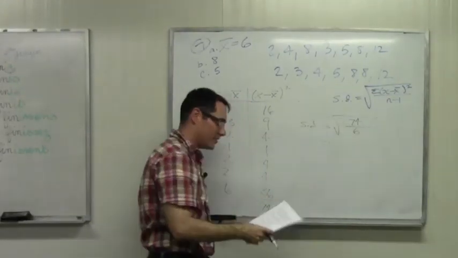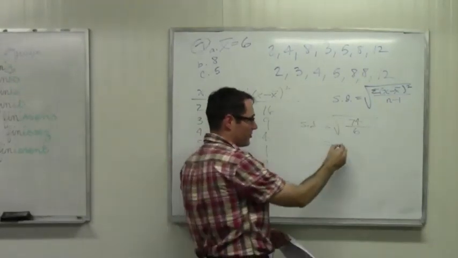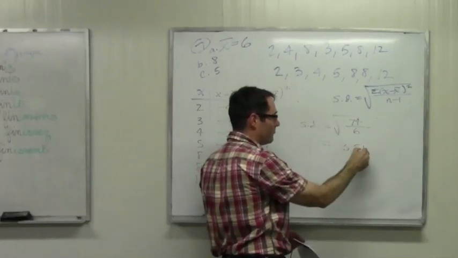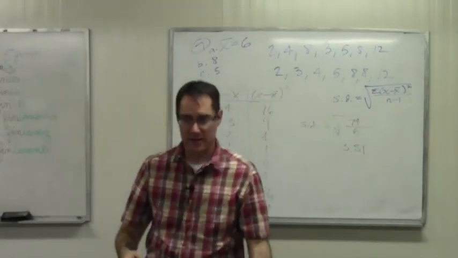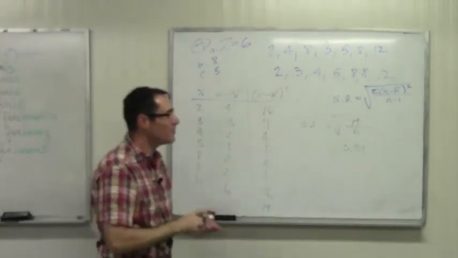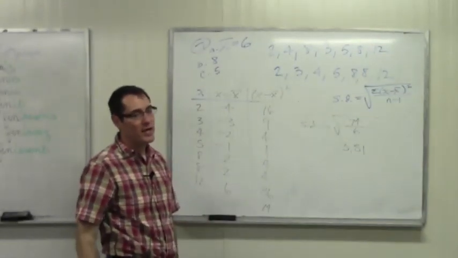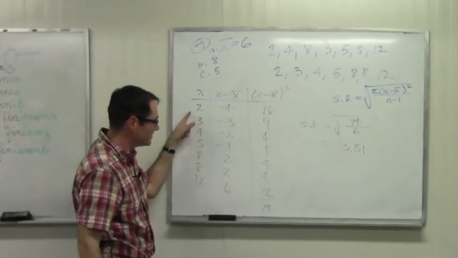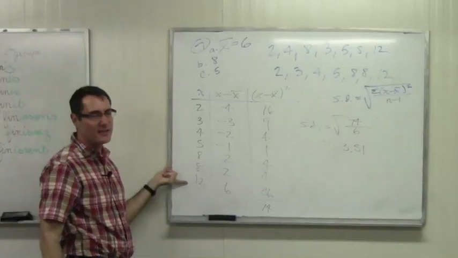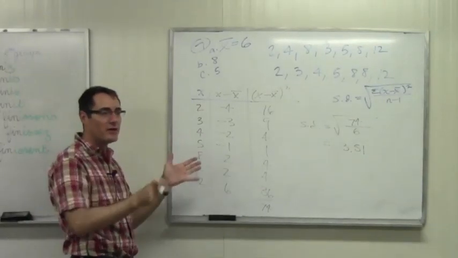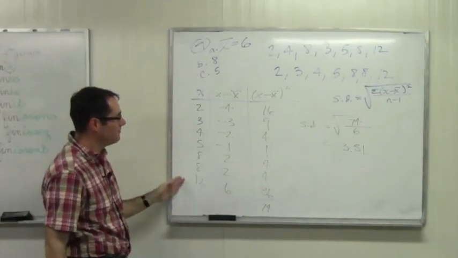When you do that on your calculator, you get 3.51. That's the standard deviation. And if you get a number of, let's say, like 38, that would not make sense for these numbers, because the standard deviation is kind of the average spread from the middle number.